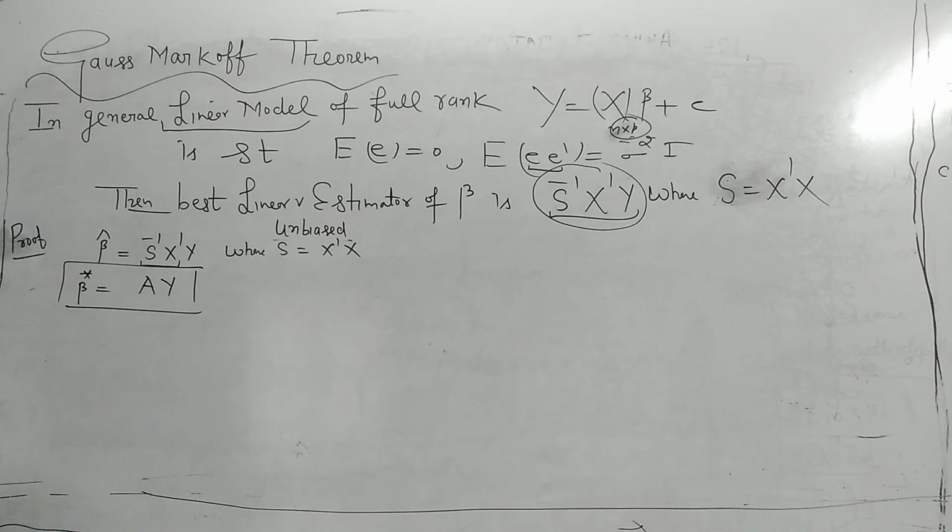So we will try to specify the elements of A so that β star becomes the best estimator, that it becomes BLUE. BLUE means best linear unbiased estimator. कि हम A के element determine करने की कोशिश करेंगे. We will try to find the elements of A so that β star becomes the best linear unbiased estimator.